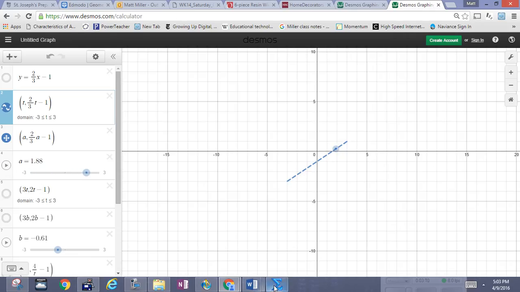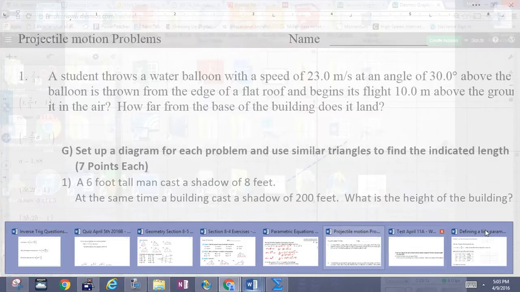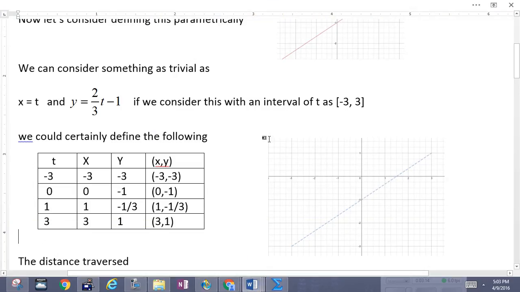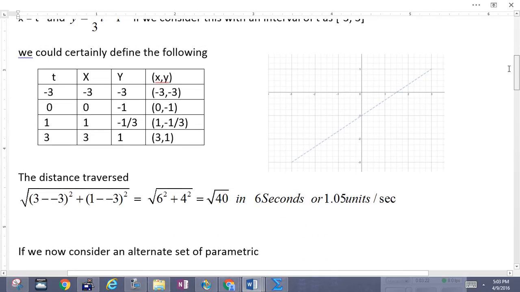So we can easily come back and look at some simple computation. It's moved from the point (-3, -3) to (3, 1) inside of 6 seconds. By the distance formula, the distance between (-3, -3) and (3, 1) is the square root of (3 minus -3) squared plus (1 minus -3) squared.